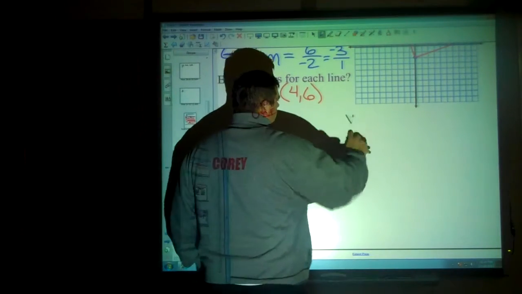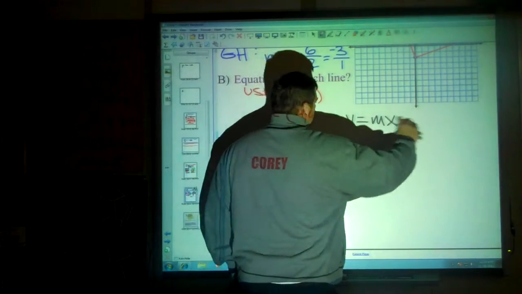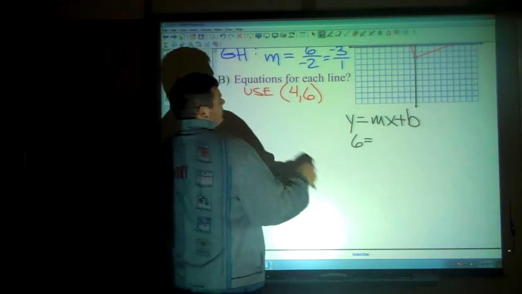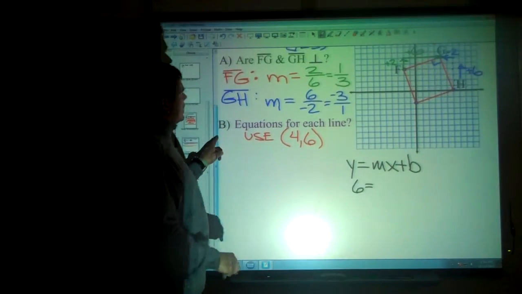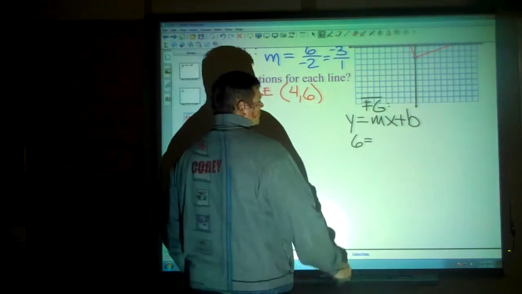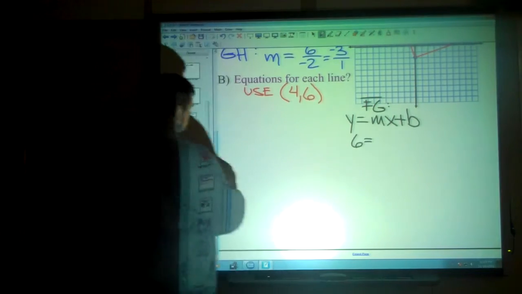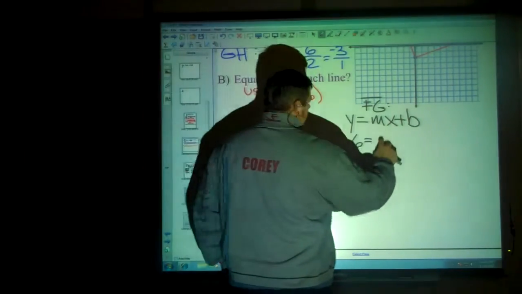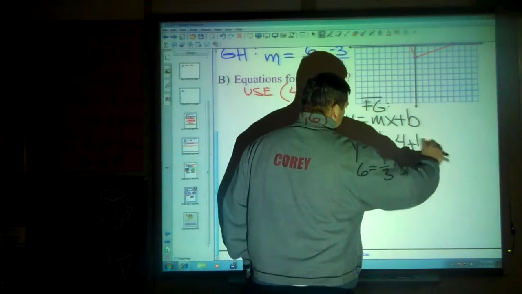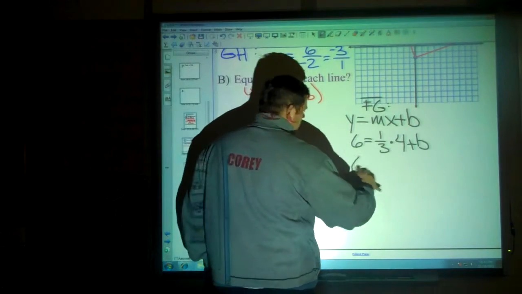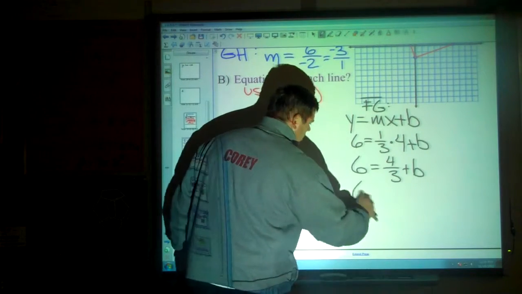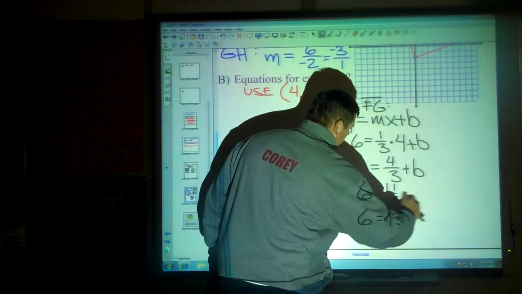So y equals mx plus b. I substituted in 6 for y. My slope for, we'll go ahead and say this is FG. FG had a slope of positive 1/3 times an x value of 4 plus a b value I don't know. That's going to be 6 equals 4/3 plus b. 6 equals 1 1/3 plus b.